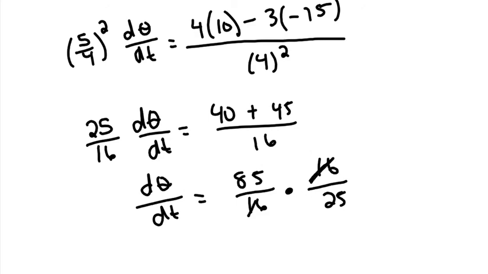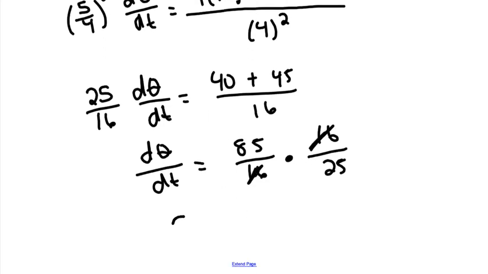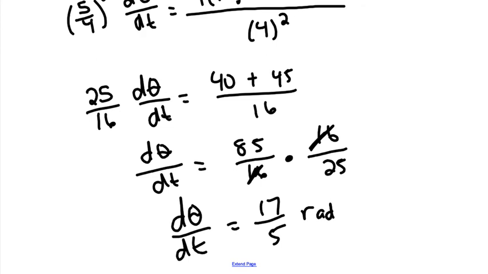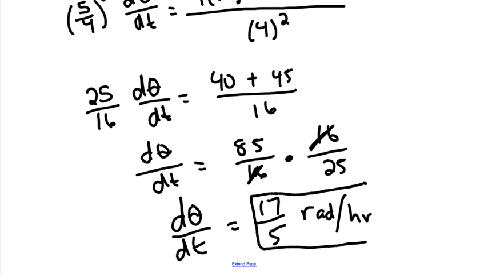These guys are gone. 85 and 25, I can divide a 5 out there. 85 divided by 5 is going to give me a 17 over 25 divided by 5 is 5. I got 17 over 5 radians per hour. Okay, so hopefully you got the same answer there.